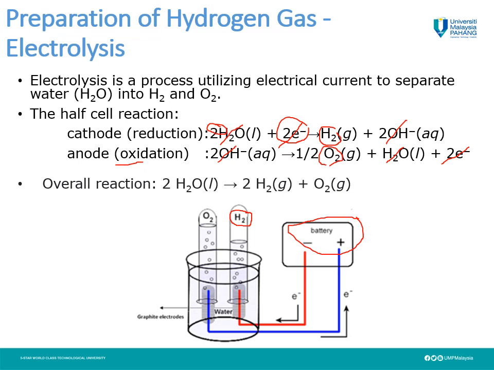So the overall reaction of electrolysis is 2H2O producing 2 moles of hydrogen and 1 mole of oxygen.